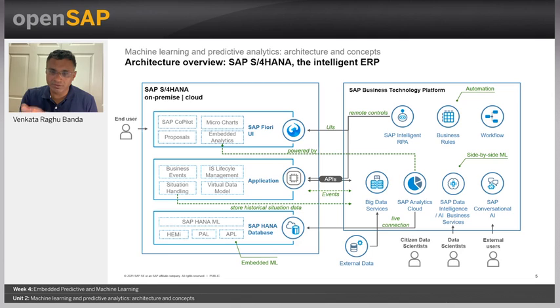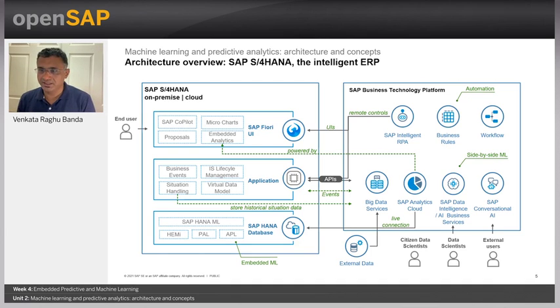And on the top layer, when you have your application, you use the ISLM lifecycle management to build this application using the embedded machine learning models that are built. And on the top, you have your Fiori layer where your results are showcased.